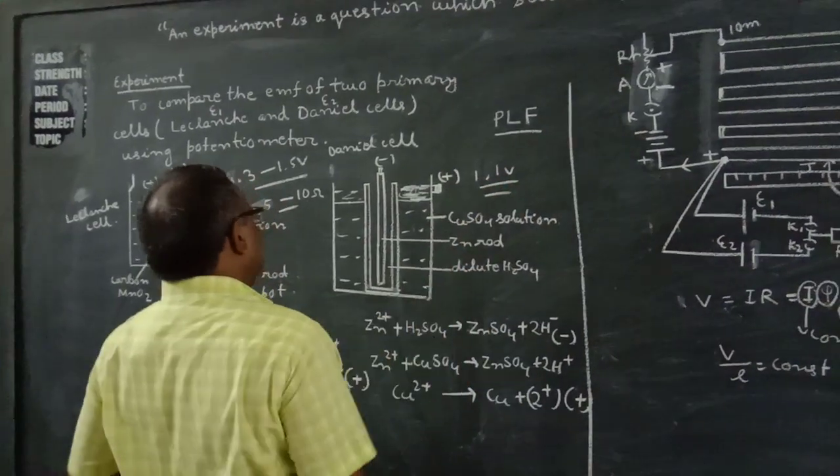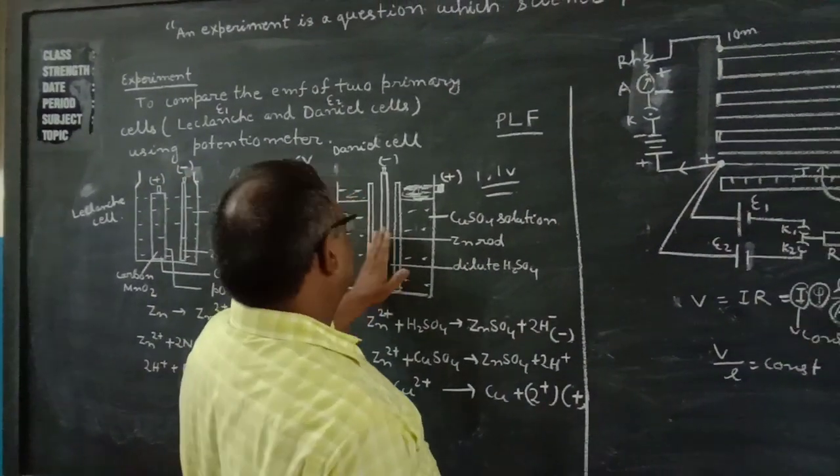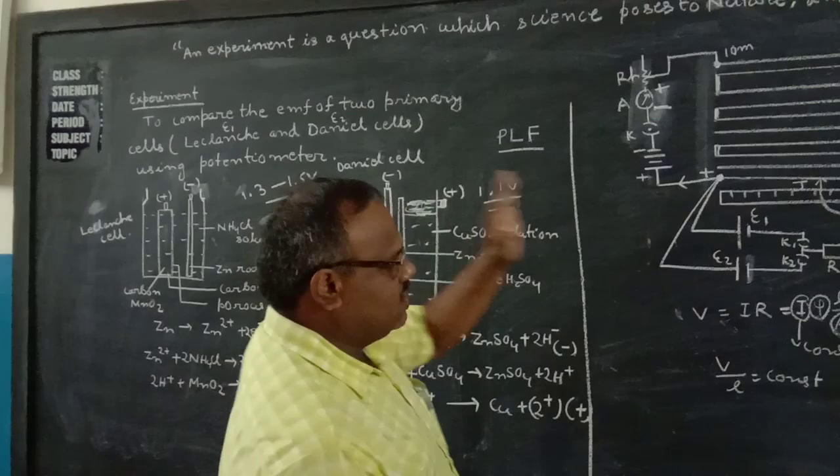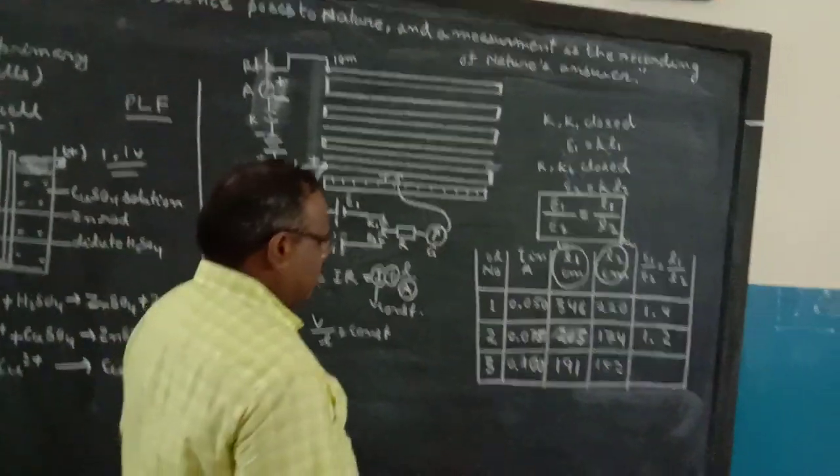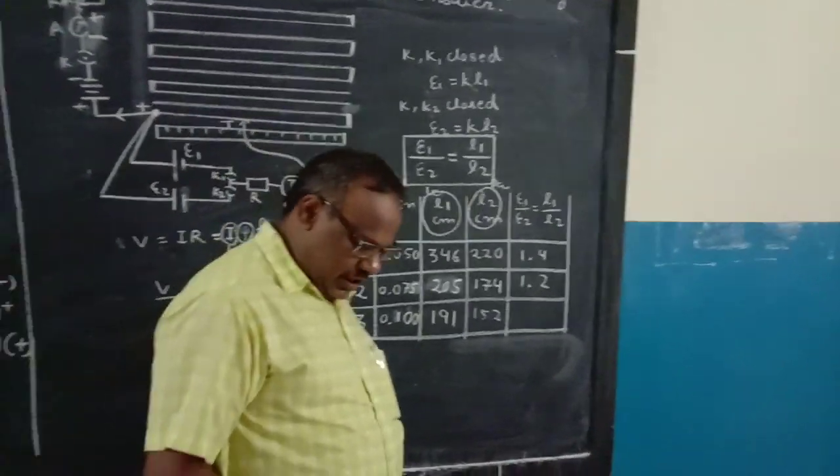So if you take the ratio, this by this is always greater than 1.